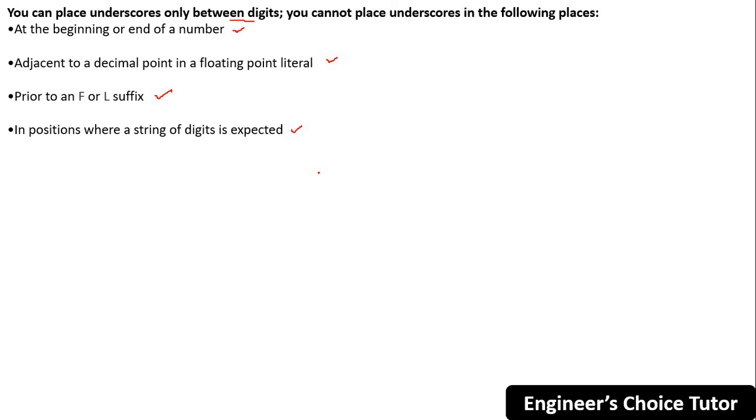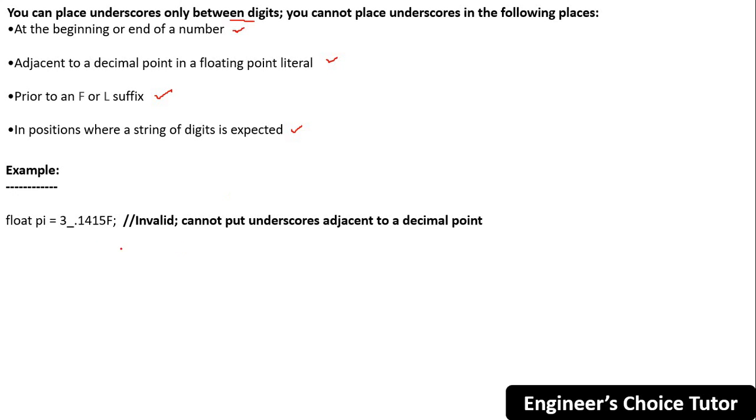For example, see here, float pi is equal to 3 underscore .14157f. It is invalid. Why? Cannot put an underscore adjacent to a decimal point. This rule you should remember: adjacent to a decimal point in a floating point literal is not allowed. This is the decimal point, and you are placing the underscore just before it, so it is invalid.